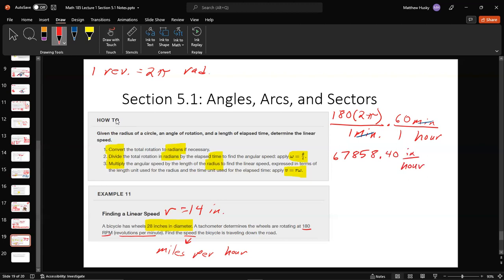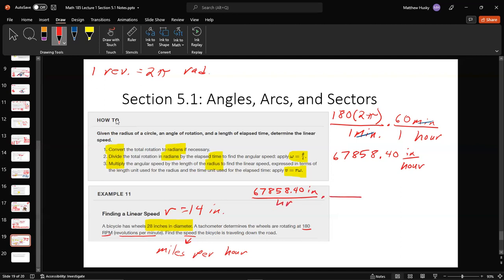So now what we need to do is change that to miles. So if we're going to change that to miles, we're going to do 67,858.40. That's inches per hour. We're going to multiply this.